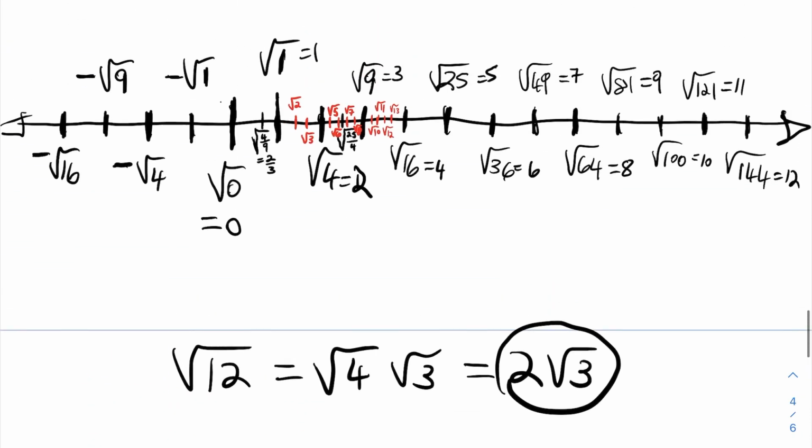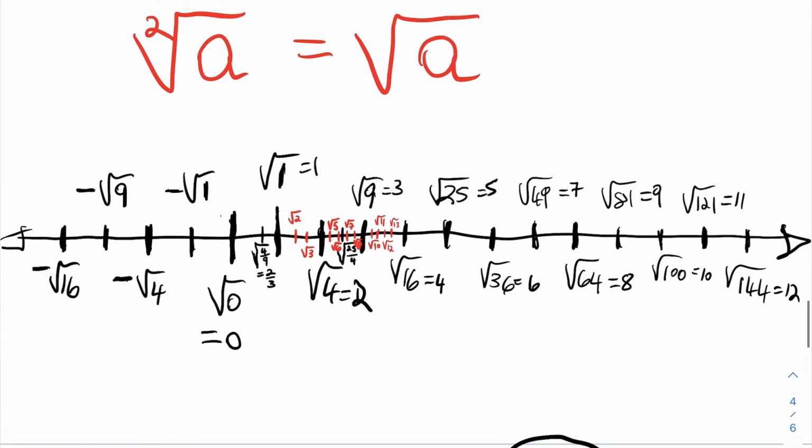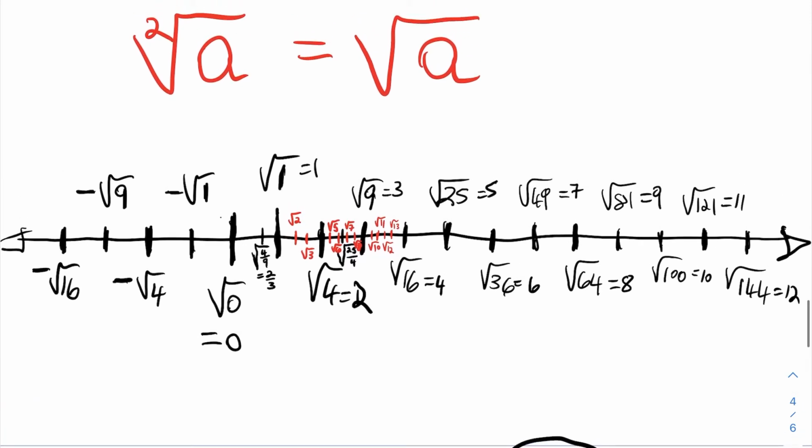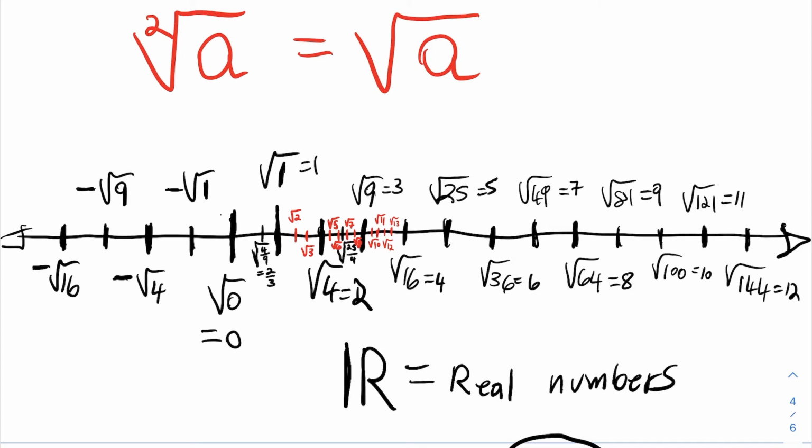Both the red and the black numbers on this number line make up a set of numbers called the real number system. So the real numbers are the numbers that go on the number line, and those numbers do not involve the square roots of negatives.